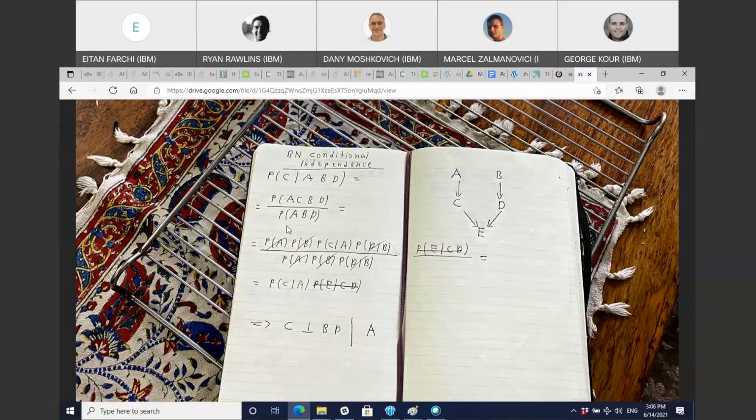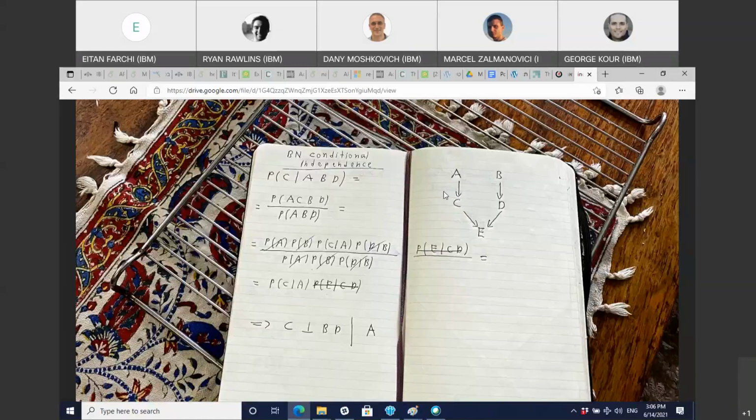So remember that from the Bayesian network perspective, once we factor the joint probability, whenever I have something like C dependent on something, then it's going to be dependent only on its parents, not anything else. Or E will be only dependent on C and D in the factorization.